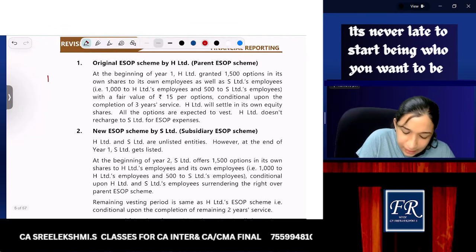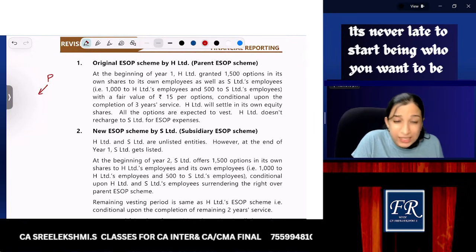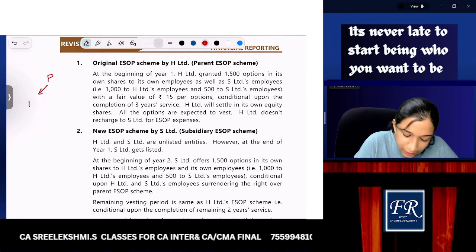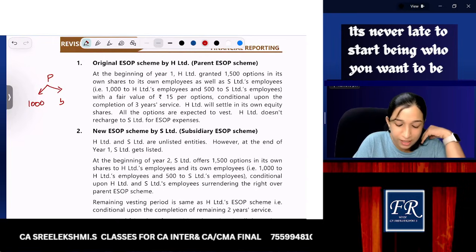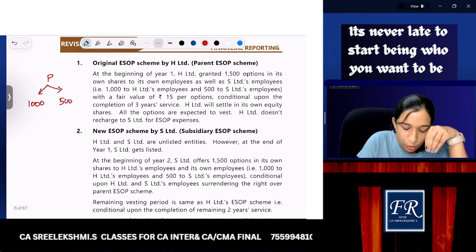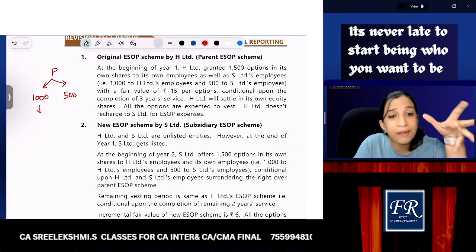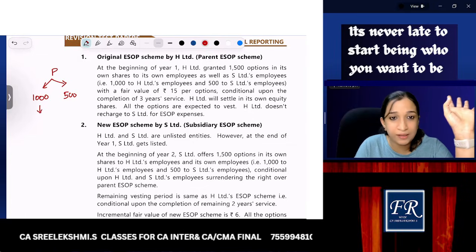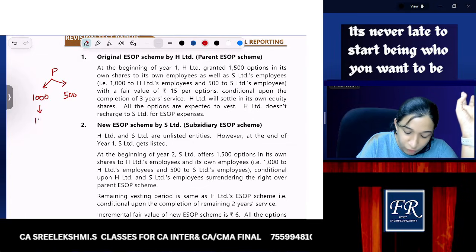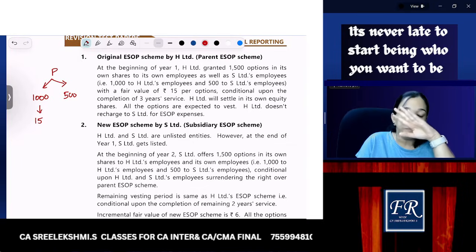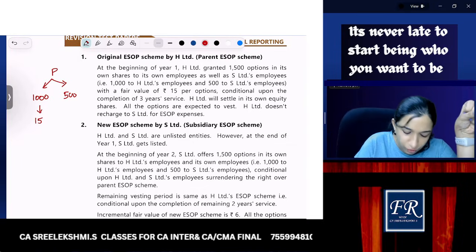So the parent company is issuing shares to its own employees, 1,000 shares, and to the subsidiary's employees, 500 shares. So what is the accounting? If the parent is giving shares to its own employees, it is employee benefit expense to SBP reserve. So it is 1,000 into 15 divided by 3 years.